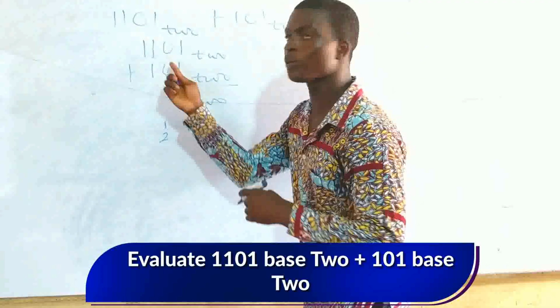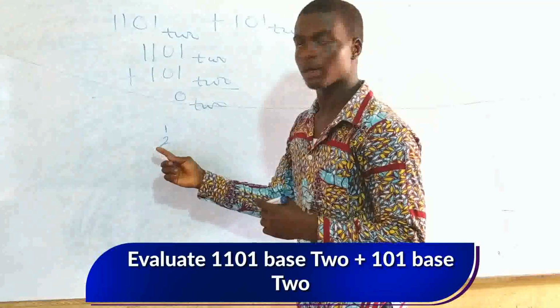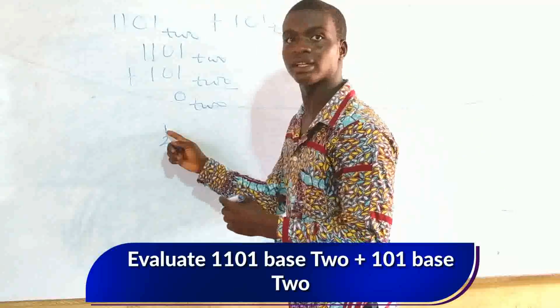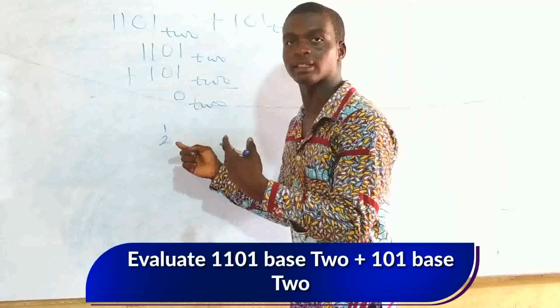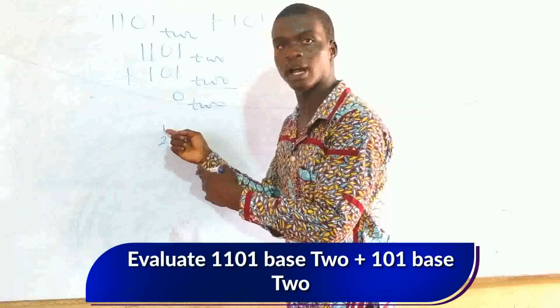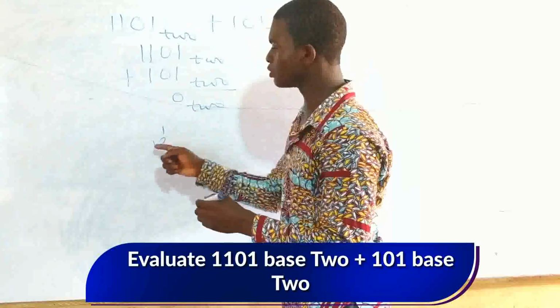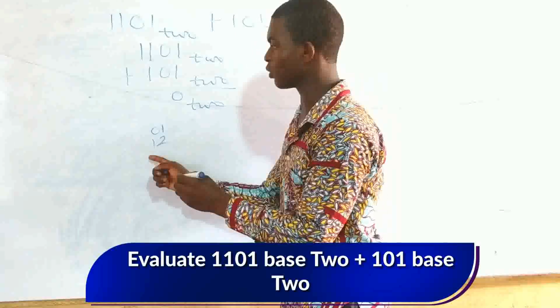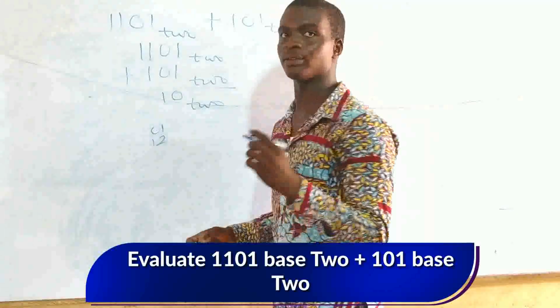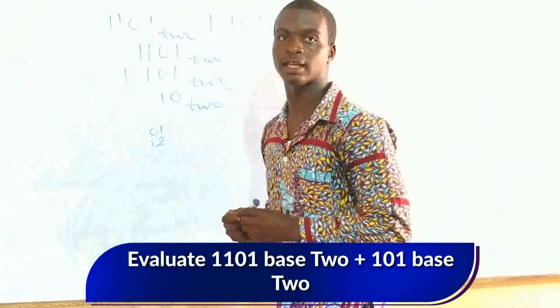And so you have 0 plus 0, giving you 0, plus this 1, so 0 plus 1 gives you 1. 2 goes into 1 0 times. We still have the 1, and so the 1 is written. As I told you, our remainder is always our answer.